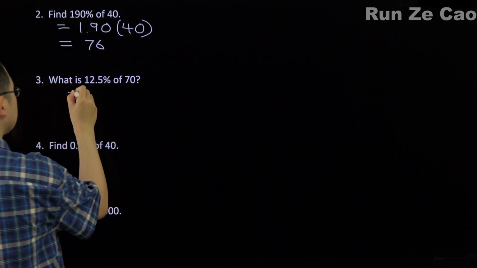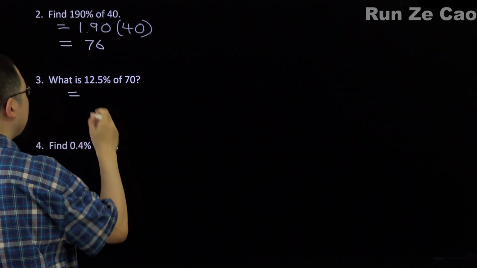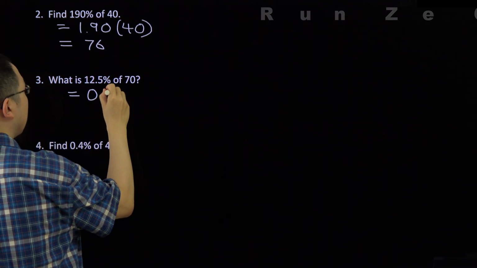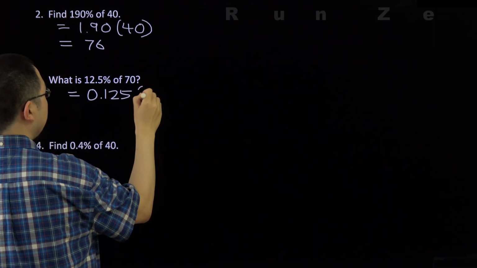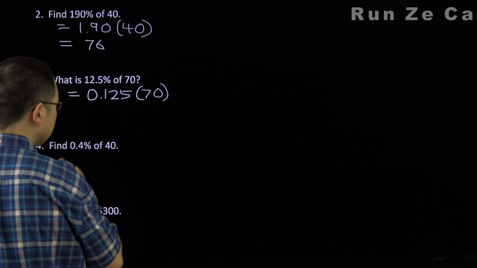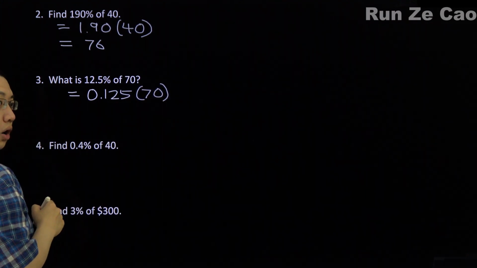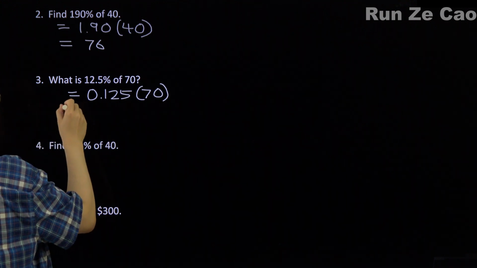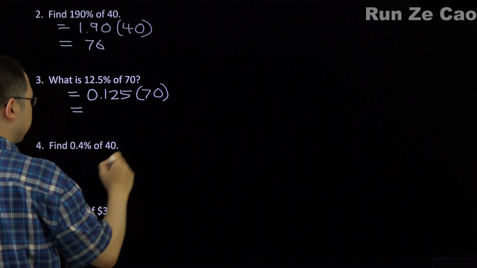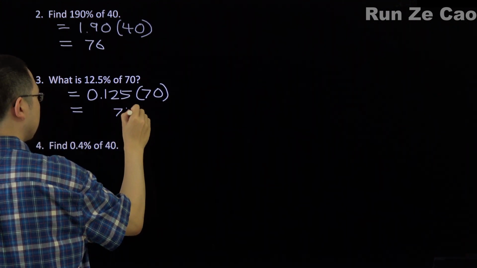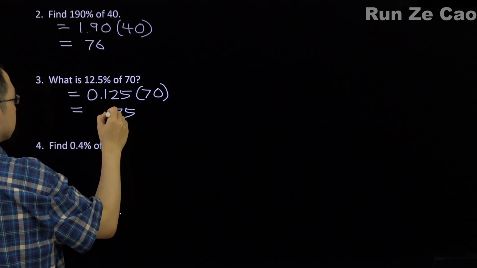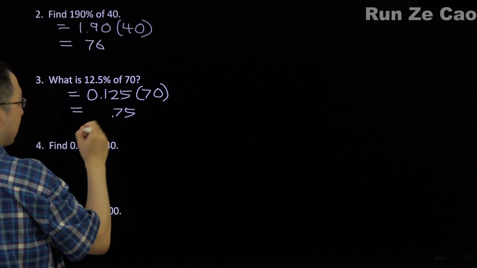Well, that's equal to 0.125 times 70. Or 1.25 times 7. Which gives us a 1.75 at the end.